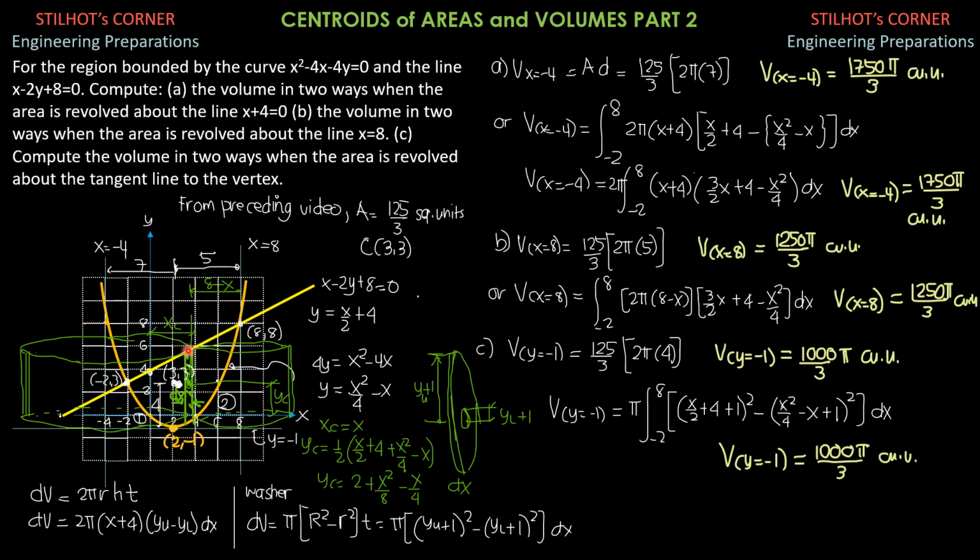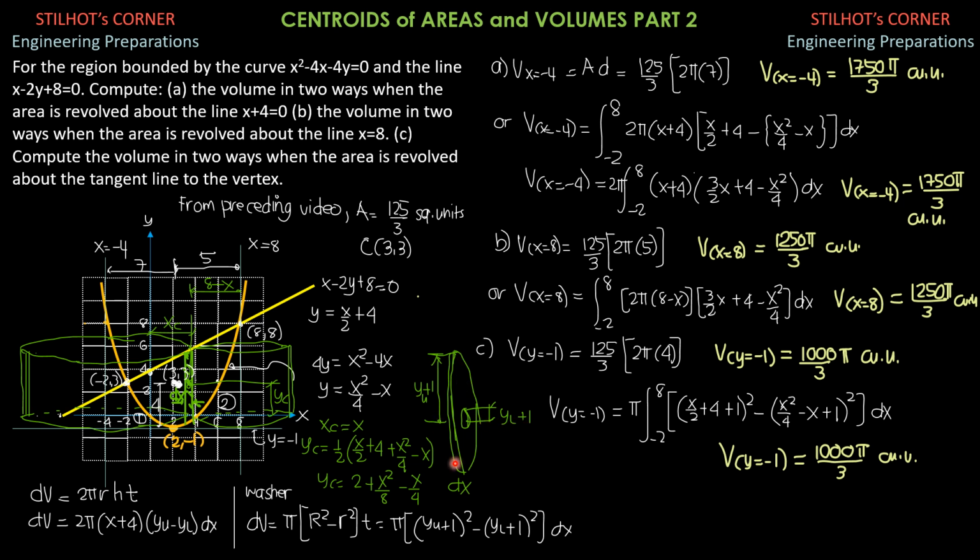So y up to here, this is the axis of revolution. So that's upper y plus 1, where upper y is y of the line. While the radius of this small hole here is lower y minus negative 1. So that is lower y plus 1.